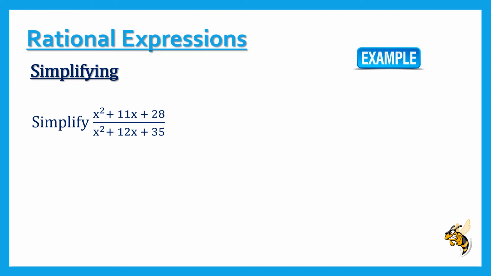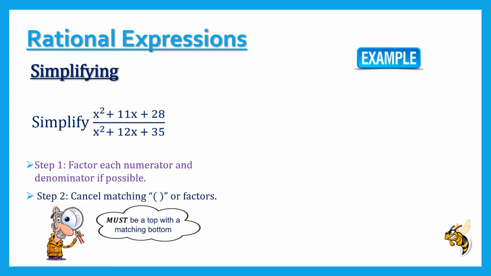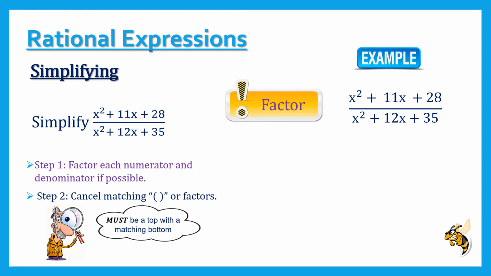Example, simplify x squared plus 11x plus 28 all over x squared plus 12x plus 35. Let's remind ourselves of the steps. Now, to factor, we want to know what two numbers multiply to give us 28, but when I add them, I get 11.